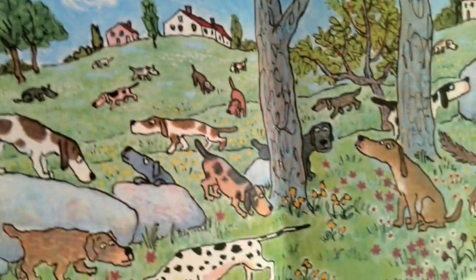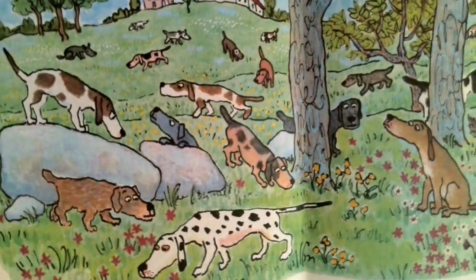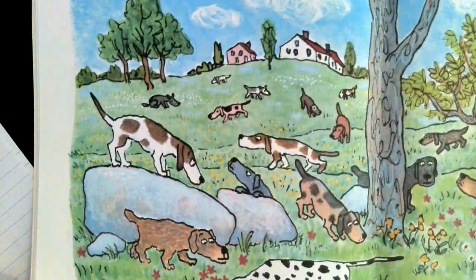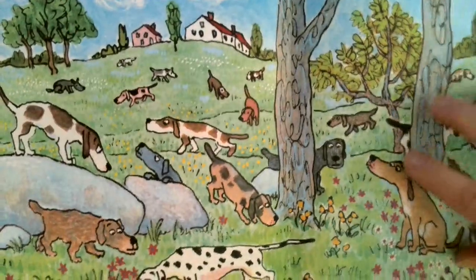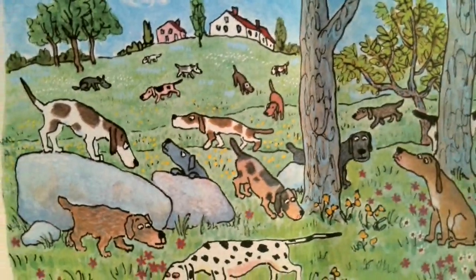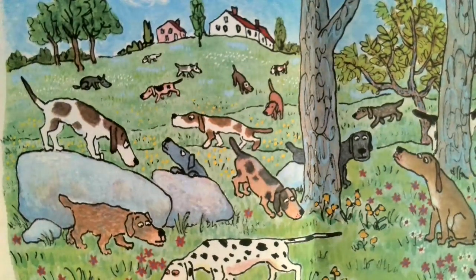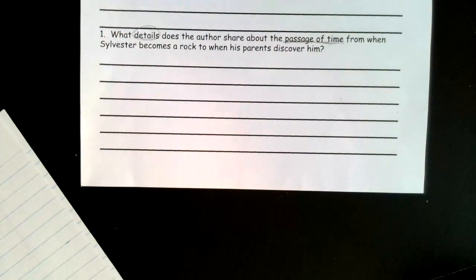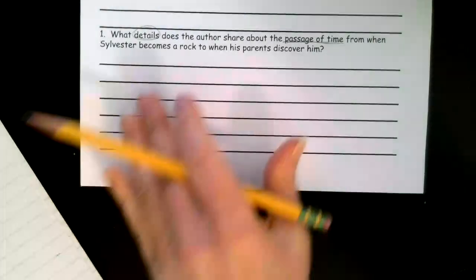So back here, when we weren't exactly sure what season this was, when the dogs were looking, I think by looking at the green trees here, we definitely know that this happened in the summer.